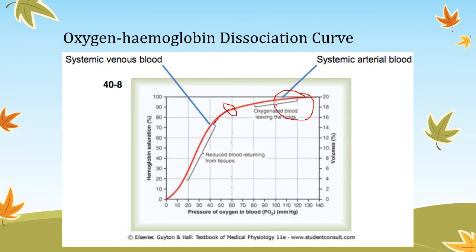Look at this curve, it's even steeper than the one that we've seen in the top part of the graph. What it means here is that if the partial pressure of oxygen starts to drop below 60, now the release of oxygen becomes more efficient, right?